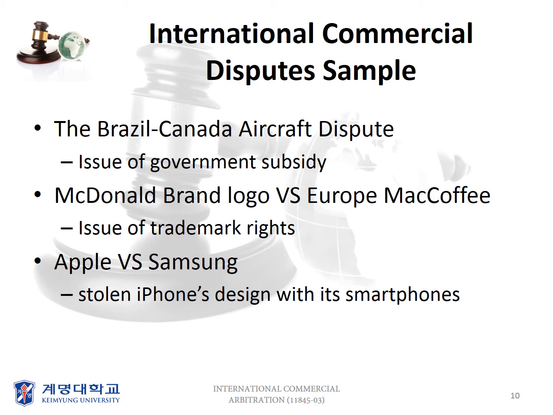For you to understand the nature of international commercial arbitration, let's identify some disputes in an international setting. The first one is the Brazil-Canada aircraft dispute. This is an issue about government subsidy.